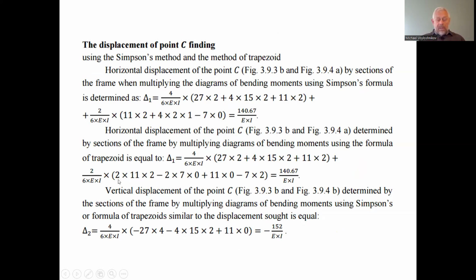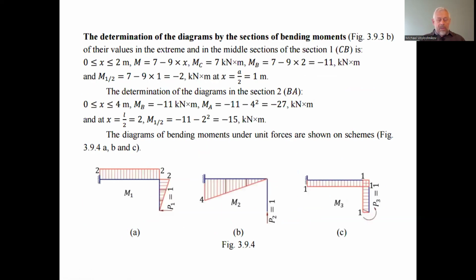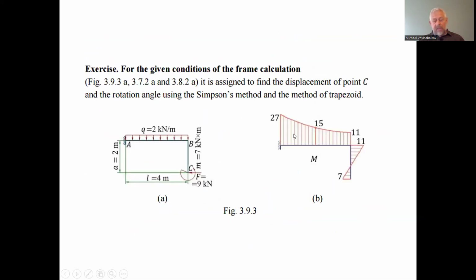For the second summand, the common factor we derive out of the brackets. In the brackets we have 2 product by 11 by 2. This is the product of the magnitudes of the diagrams of the bending moment. For the first one, we consider the same as by the Simpson rule, as this is non-linear, but the second one is linear, so we use the trapezoid rule.